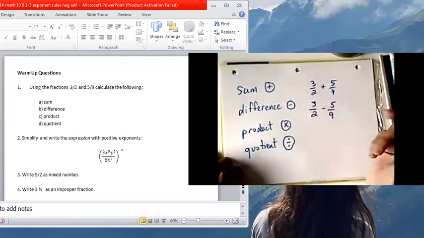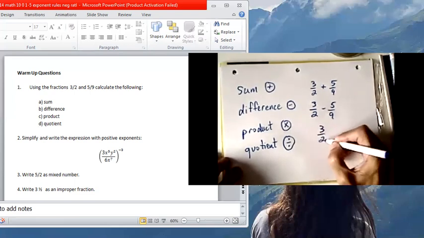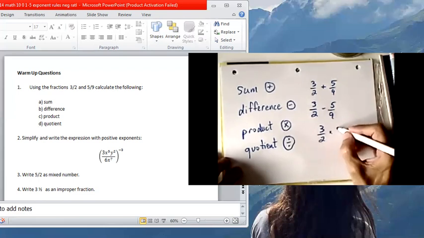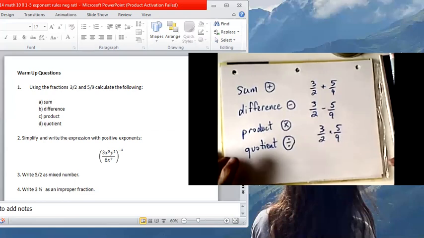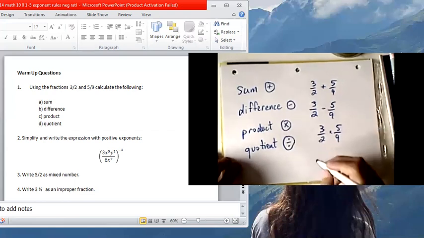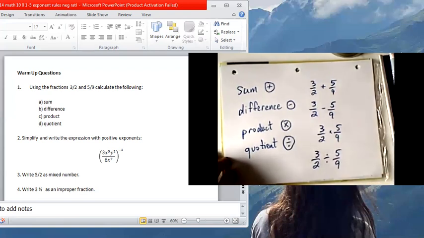Subtract that one from that one. For multiplying, the order doesn't matter actually. But I'll say just do it like this, times 5/9. And then quotient, yeah, the order matters. So we'll keep the 3/2 first for these warm-up questions. Okay, so that should help you with number 1.